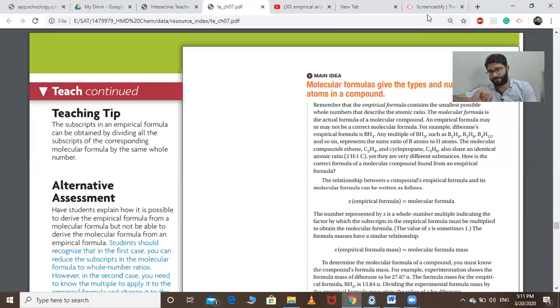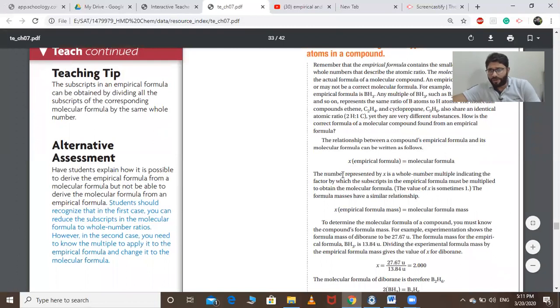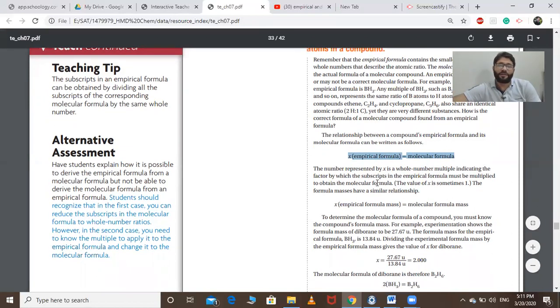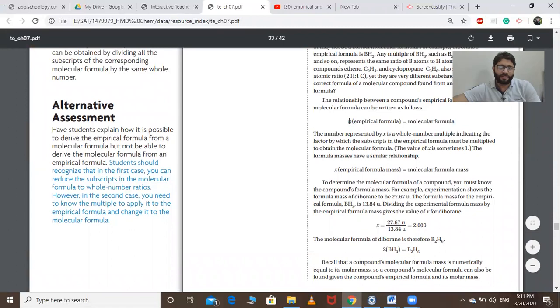Actual number means the exact number of elements present in a compound. Now, if we have to find the molecular formula of any compound, we have a formula like this: X into empirical formula is equal to molecular formula. This X is always a whole number.